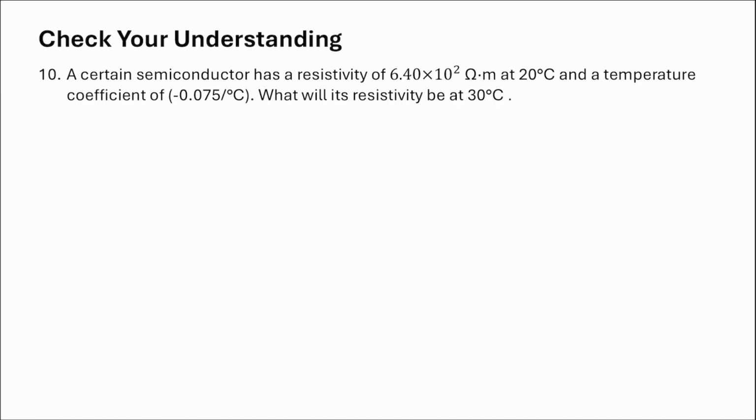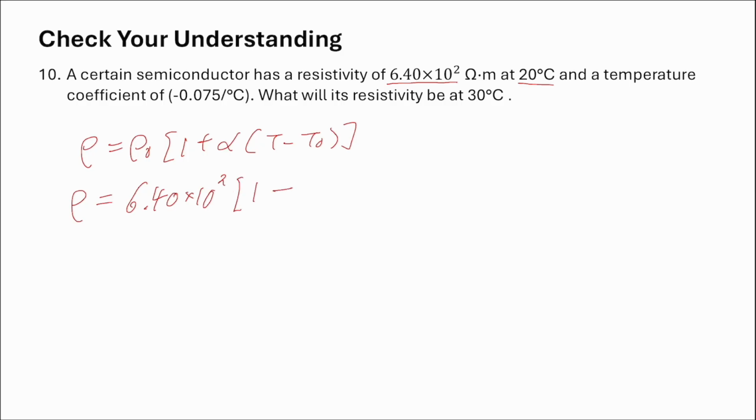Let's look at the case for a semiconductor. Now, rho is equal to rho naught times 1 plus alpha times T minus T naught. And rho naught, at 20 degrees, is 6.40 times 10 to the power 2, 1 plus the temperature coefficient. This time it is negative 0.075. And the change in temperature is the final temperature 30 degrees minus the initial temperature.